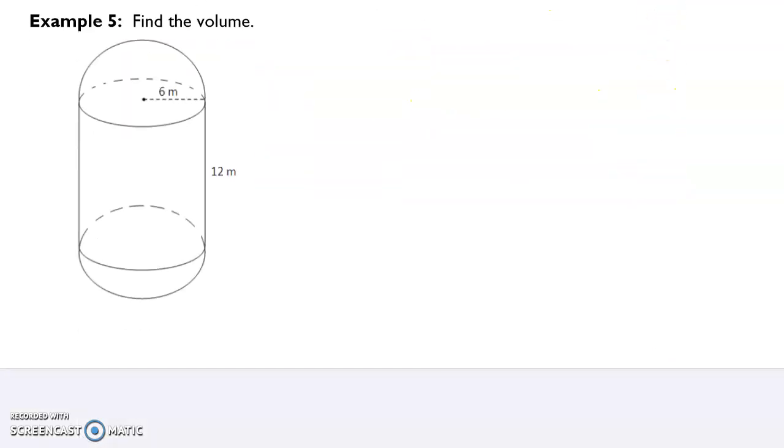For example 5, again, nothing that's going to be too concerning or tricky at this point. What we're looking for is a cylinder, which is going to be from here down to here. And if I want the volume of that cylinder, it's the area of the base, which is pi r squared.